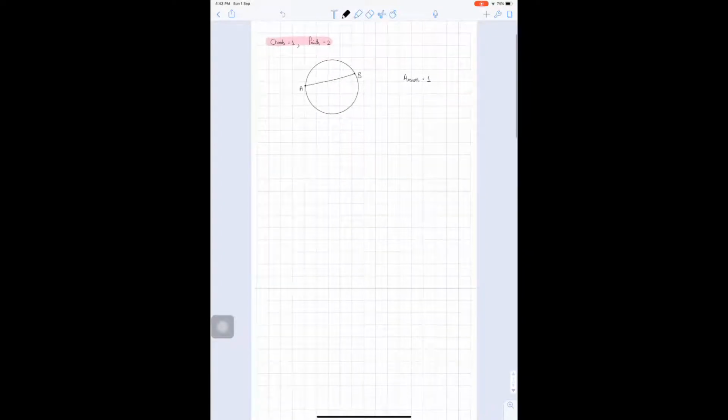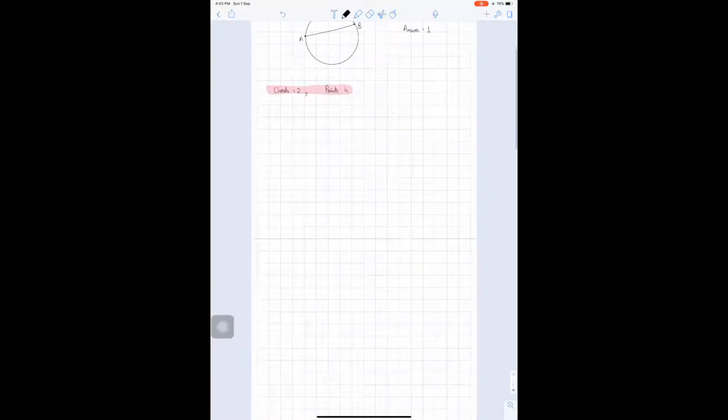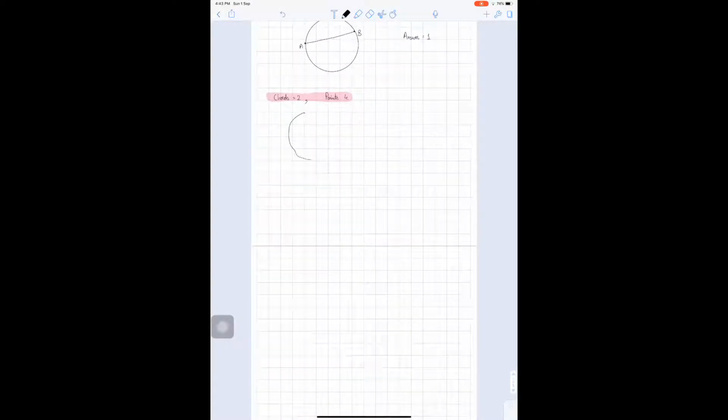Now let's see if the number of chords is 2. So the number of points will be 4. Then in how many ways can we draw the chords so that no two chords intersect? So let me draw the circle.